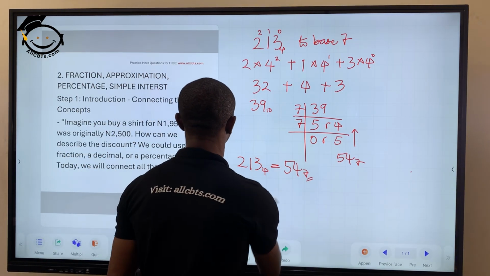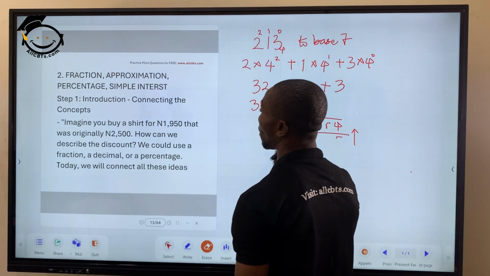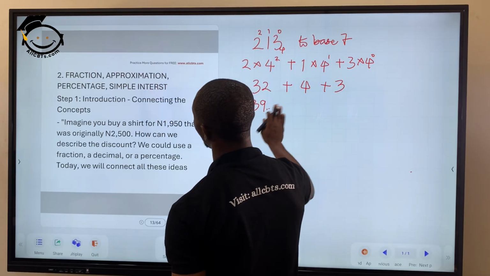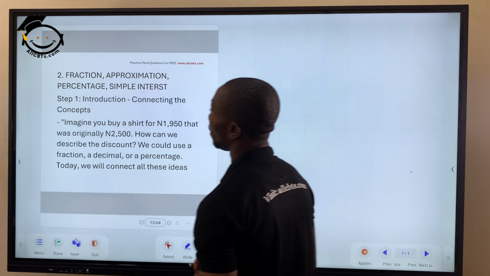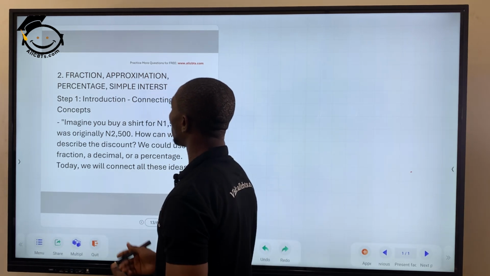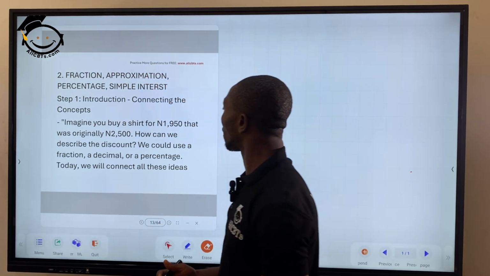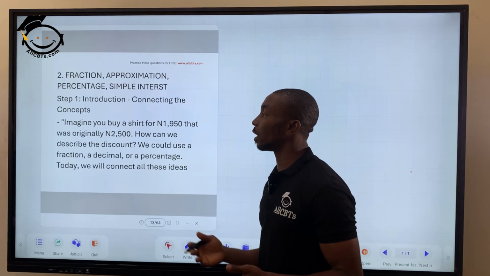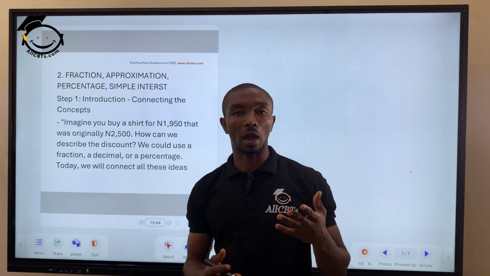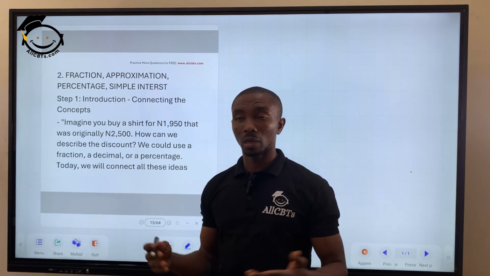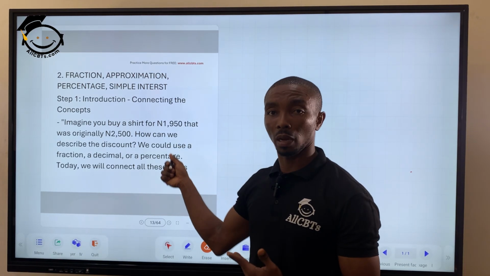topic we'll be looking at is fraction, approximation, percentages, and simple interest. Alright, now imagine you buy a shirt for 1,950 that was originally 2,500. Now, are you spending more or less? Clearly, you paid less for it.